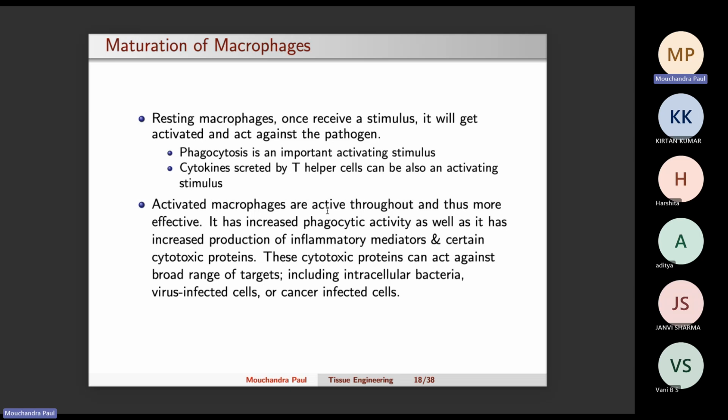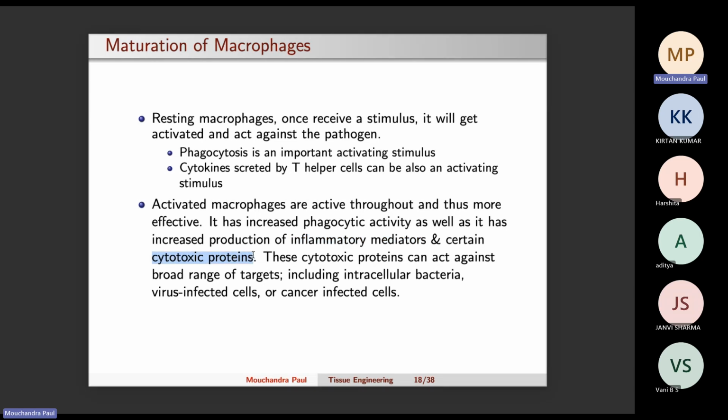The activated macrophages are active throughout. So they don't need any lag time to become active, which is why they are more effective. The phagocytic activity displayed by these macrophages is much more. They will secrete a large amount of inflammatory mediators, which are nothing but signaling proteins. And they will also produce cytotoxic proteins in a large amount.